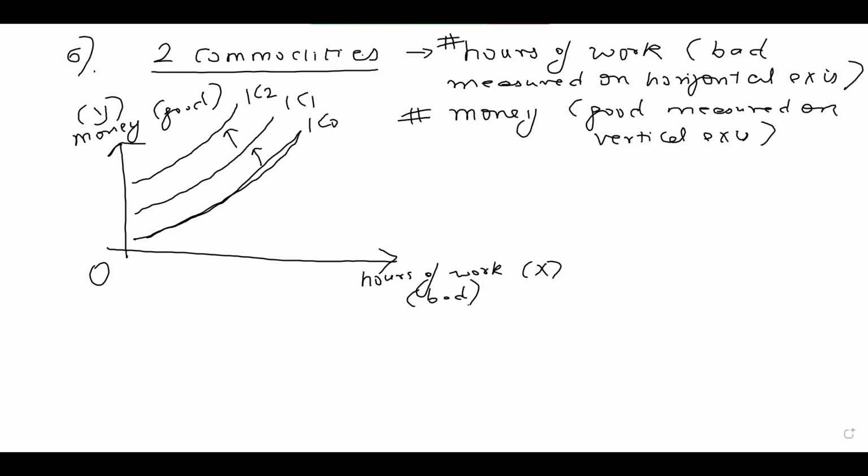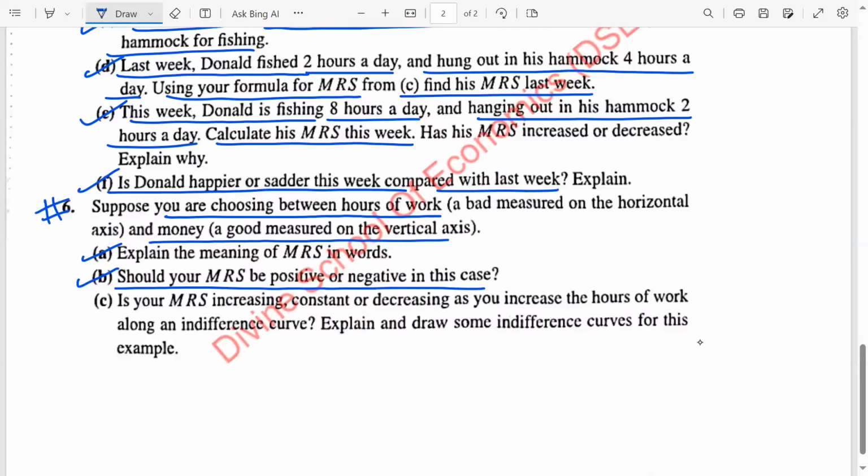Should MRS be positive or negative in this case? Now guys, when I draw a downward sloping indifference curve, I take the MRS as negative. For a downward sloping indifference curve, MRS is negative, it's negative MU1 by MU2. So for an upward sloping indifference curve, MRS will be positive.